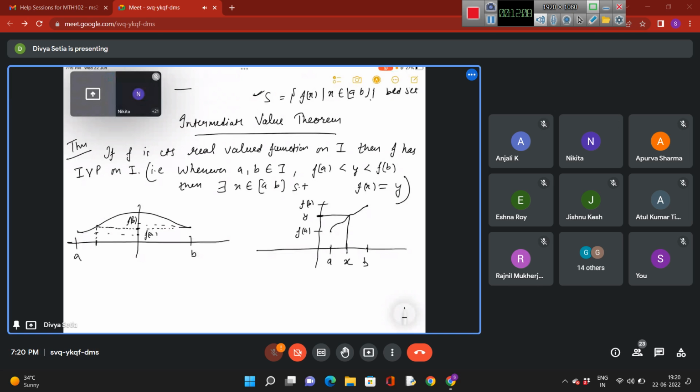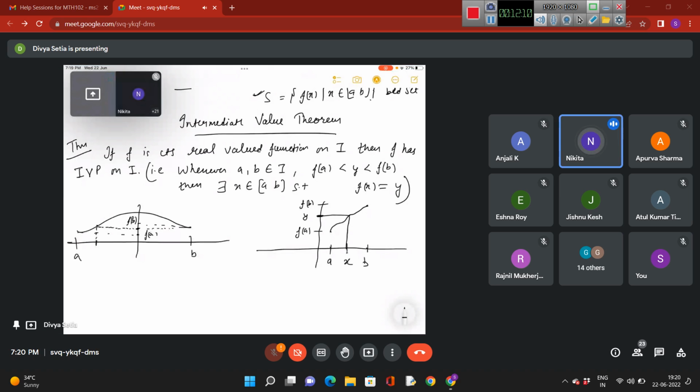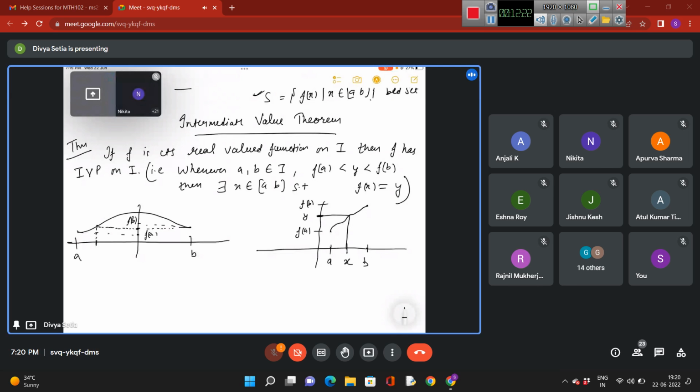Yes, Nikita? Ma'am, here the x has to belong to the interval a comma b and not the one like I. Yeah, I is your AB. The interval I means AB, that means the interval on which the function is defined is AB.